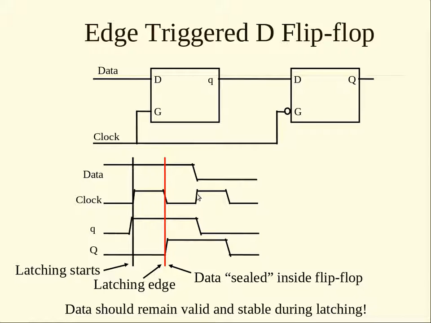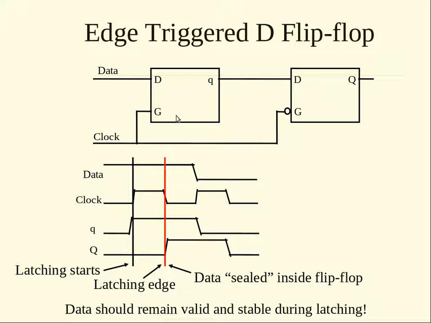When the clock goes back up, notice that this guy is going to be NOTed on control, so he's going to hold that previous value while the master latch receives the new value to seal. And then when the clock goes back down, that data value is sealed in this latch and is written into the slave latch, which holds it until the clock goes back up, which outputs here, and then the data value can receive a new one to seal next.